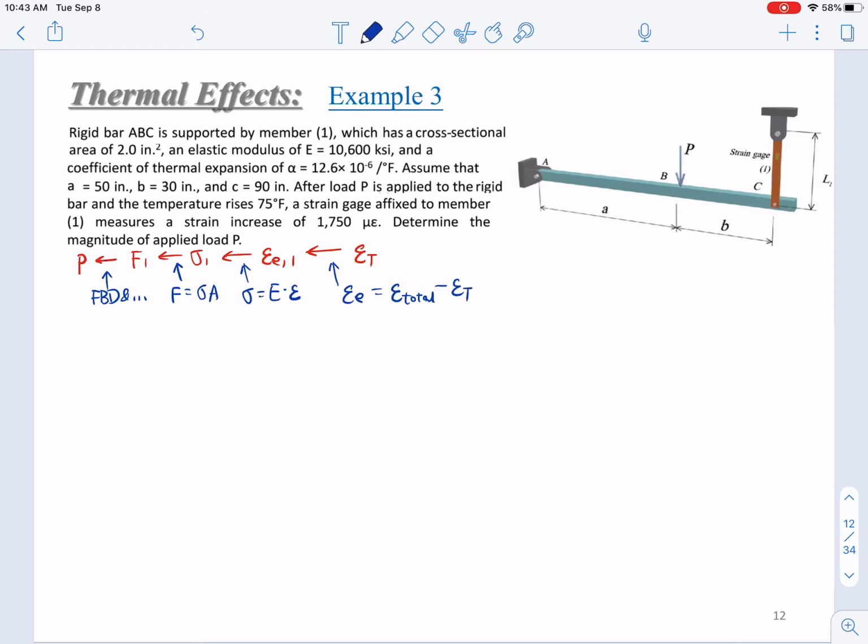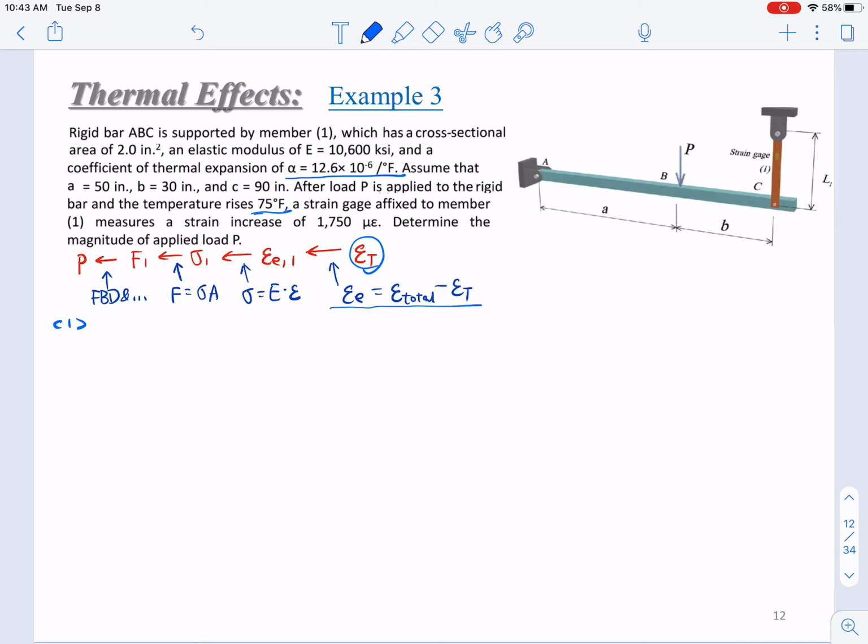We will need to use such 4 sets of equations to solve this problem. Let's see the first step. First of all, we need to know what is the thermal strain. You can see we know the alpha, right? Alpha is here. Do we know the delta T?